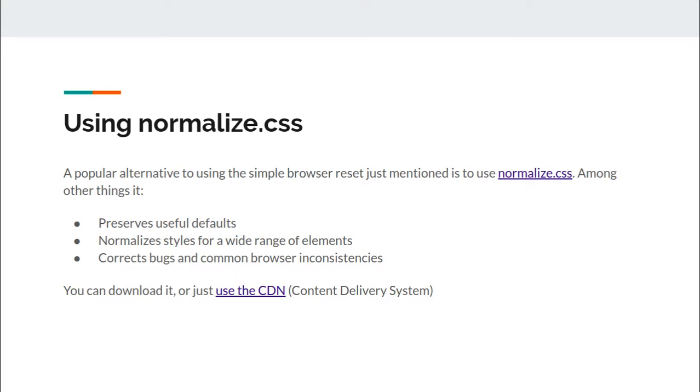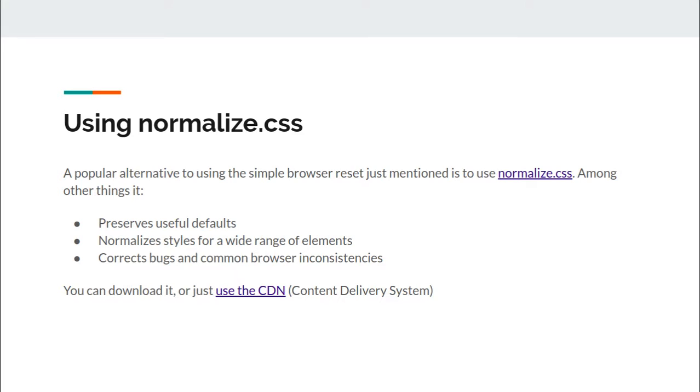Okay? So it preserves useful defaults, because sometimes there are useful defaults in the browser, so we don't necessarily want to obliterate all of them, like that margin and padding one I don't particularly want. But there are other defaults that the browser puts in that make sense.